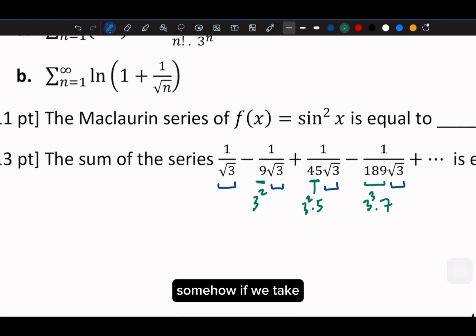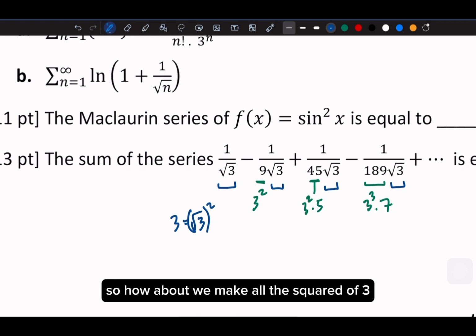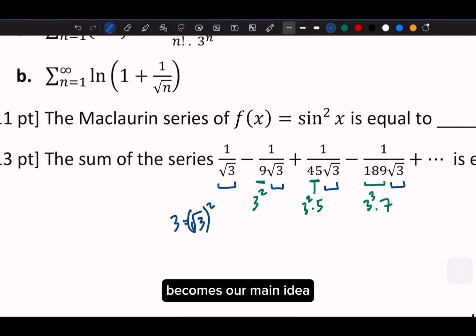Somehow, if we take the definition that 3 is actually square root of 3 squared, right? So how will we make all the square root of 3 become our main idea? Let's say this is square root of 3, 1.